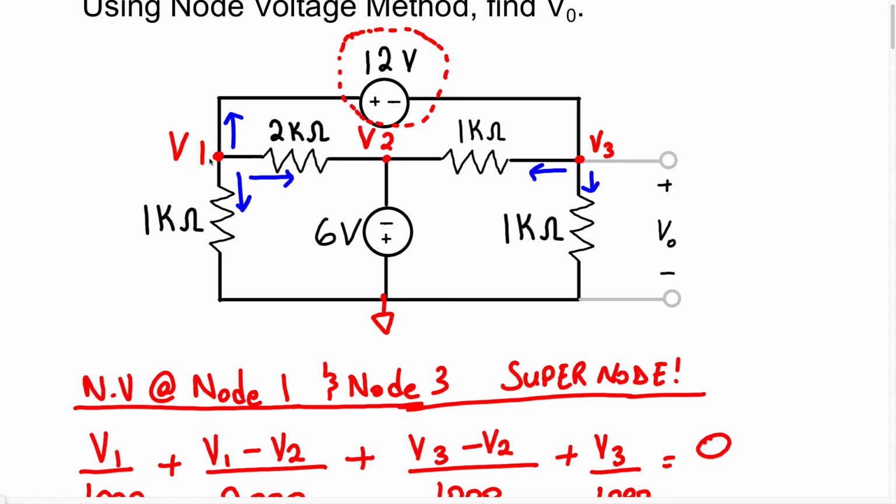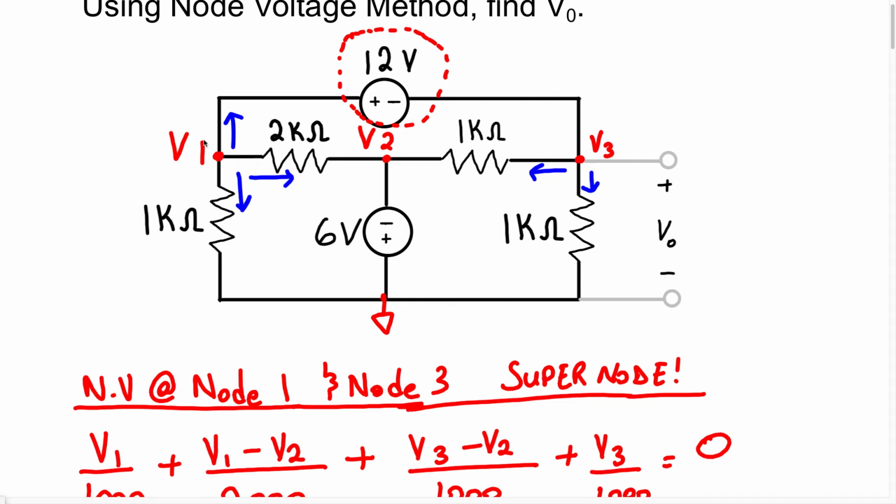Because we have the polarity of the voltage source to be positive to negative, and because we know the positive terminal is closer to node 1, that means that the voltage at node 1 is going to have a higher potential than the voltage at node 3 because of the polarity of this voltage source.